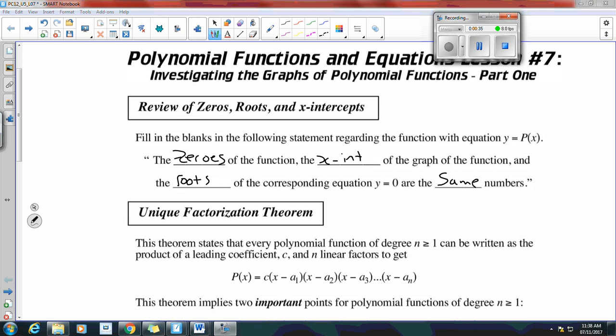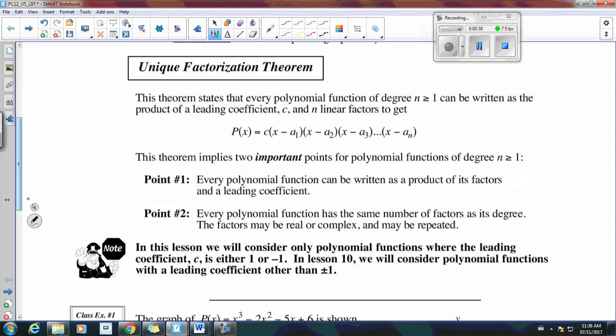Unique factorization theorem. This theorem states that every polynomial function of degree n greater than or equal to 1 can be written as the product of a leading coefficient, c, and n linear factors. So n linear factors matches the degree, that is n. This theorem implies two important points for polynomial functions of degree greater than or equal to 1. Point 1, every polynomial function can be written as a product of its factors and a leading coefficient.